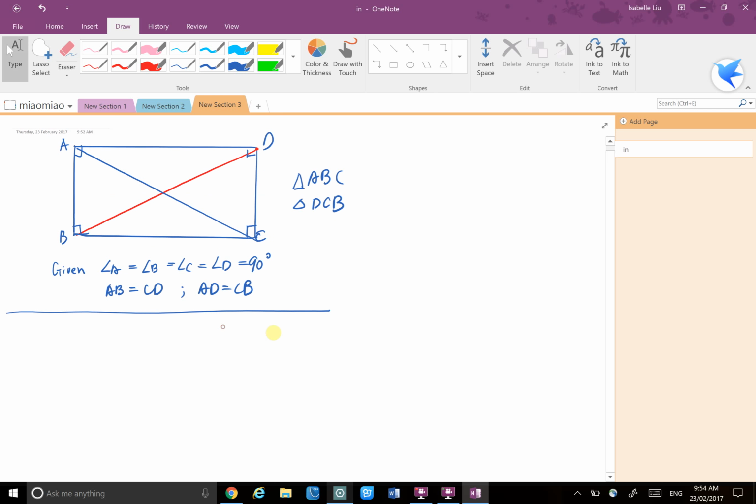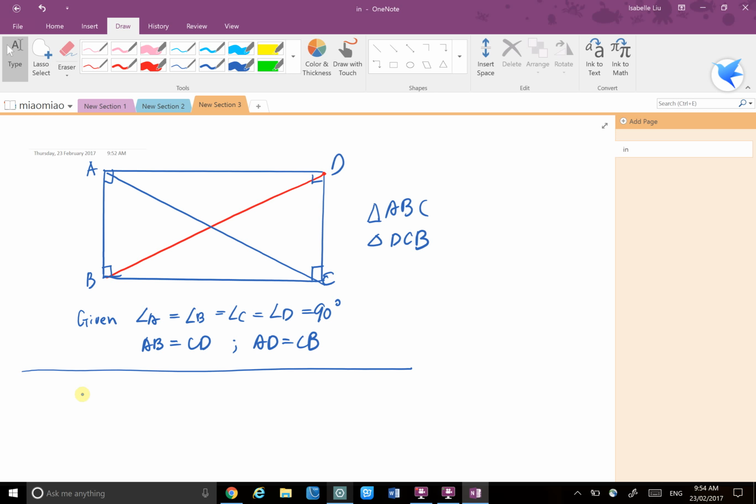So first of all, we know that AB equals DC. That is given because in a parallelogram the opposite sides must be equal. Second, we have BC equals CB. That is the common side, it's the base here.